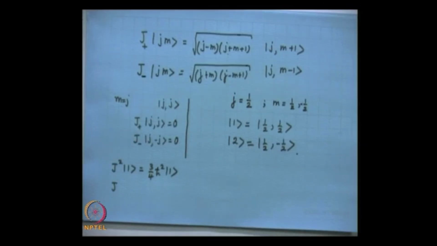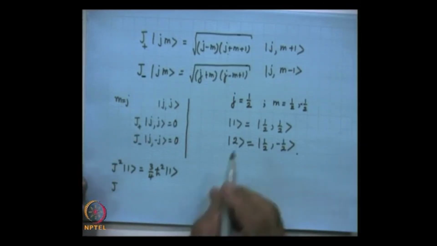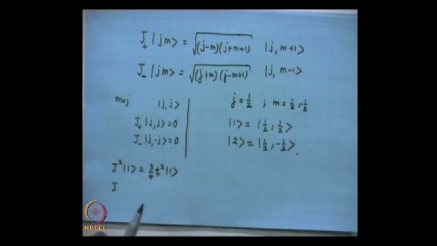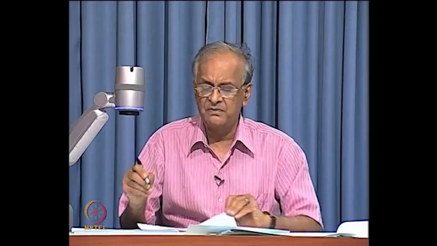Okay. Now, these I take as the base vectors. I will try to make a representation of the operators j square, jx, jy, jz. When you make a representation, you have to first tell me what your base vectors are.